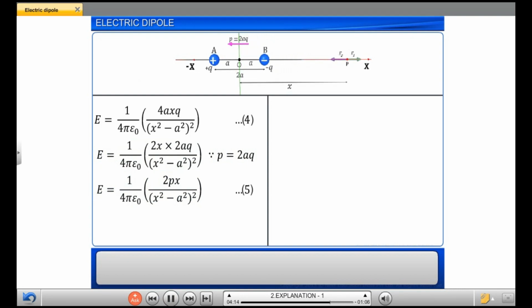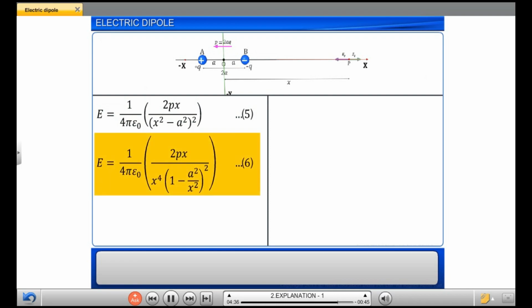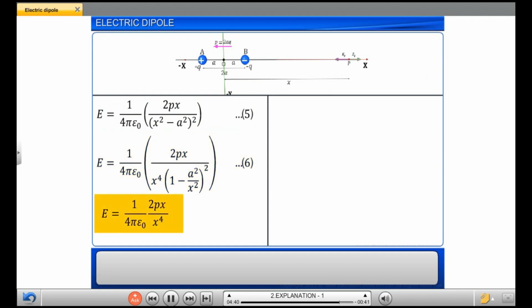When the point P is at a very large distance from the center O, then x is very large compared to a. Then, writing the expression 5 as in equation 6 and neglecting the term a square by x square for x which is very large as compared to a, on further simplification we get E is equal to 1 by 4 pi epsilon naught 2px by x power 4.